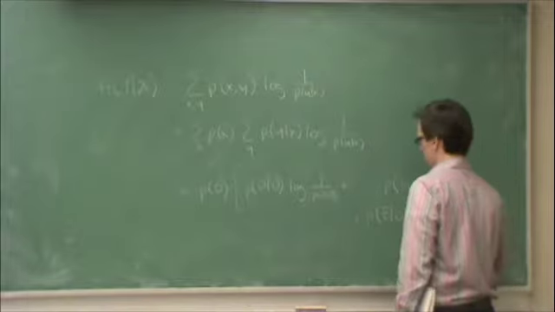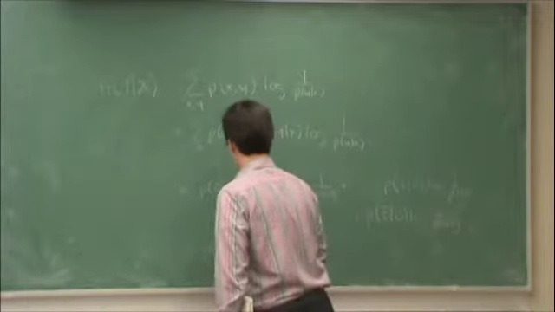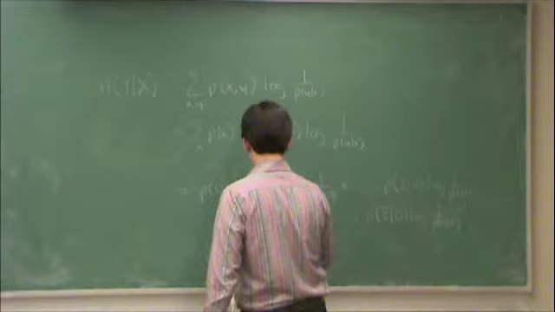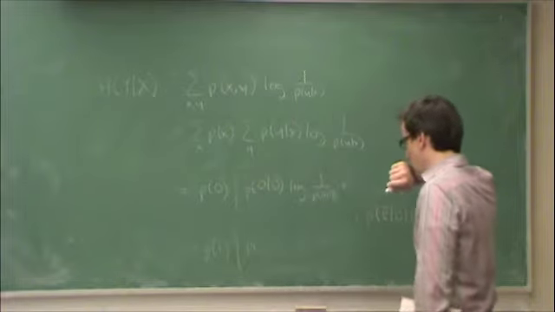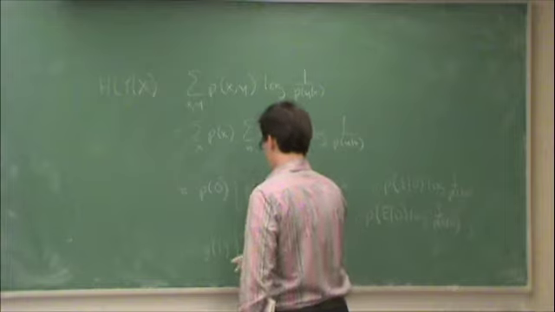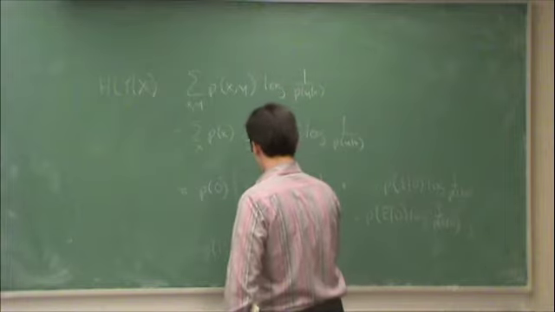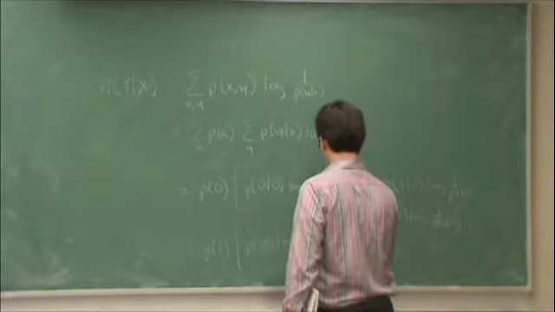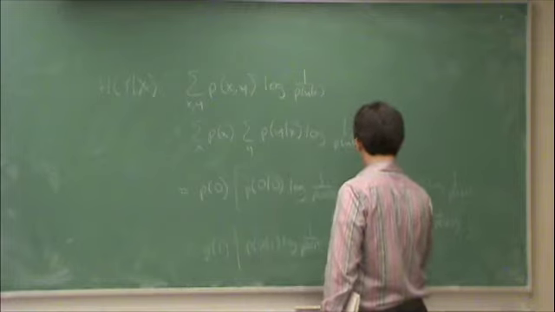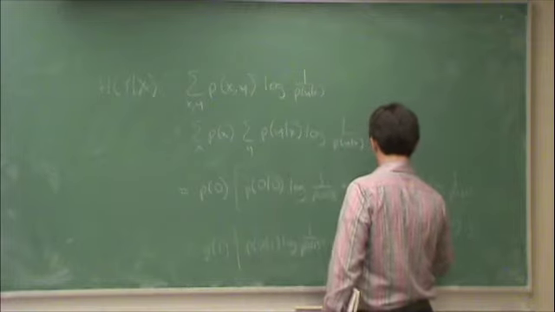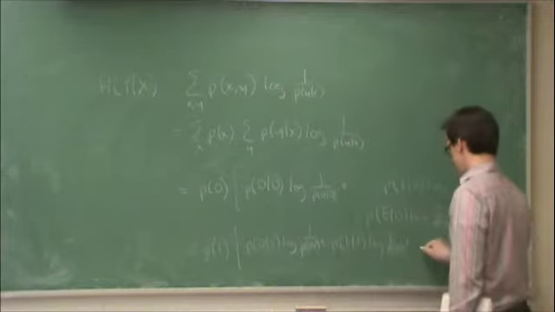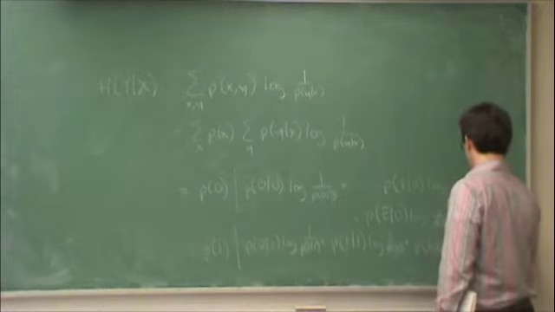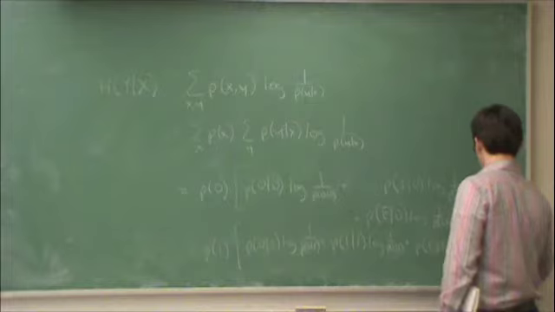Plus p of 1 times, so this is x equals 1, probability of 0 given 1, log 1 over p of 0 given 1, plus p of 1 given 1, log 1 over p of 1 given 1, plus p of E given 1, log 1 over p of E given 1.